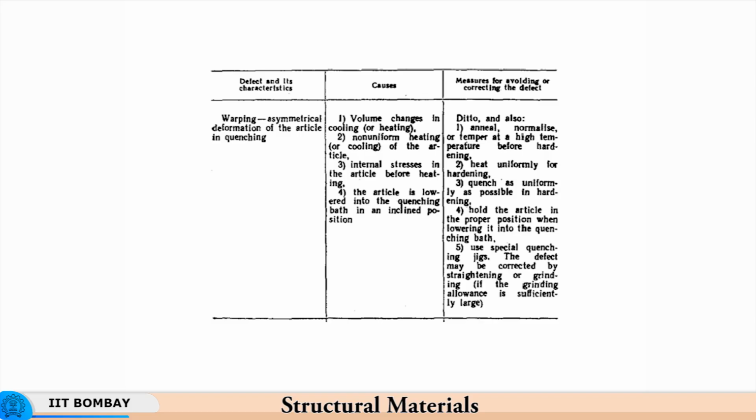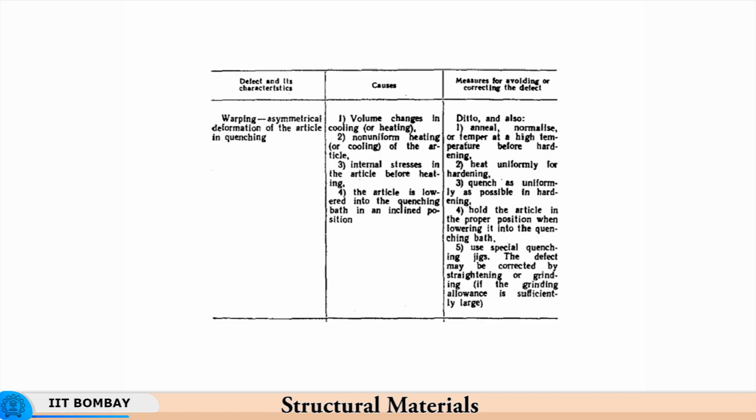And so, when different volume changes take place in different regions, this will result in different degrees of deformation, due to which you will have warping taking place. So, that is what we mean by volume changes in cooling or in heating. Non-uniform heating or cooling also can be the case. Again, when you have very large cross sectional changes, or when you have a part which is highly asymmetric in nature, you have non-uniform heating and cooling taking place.